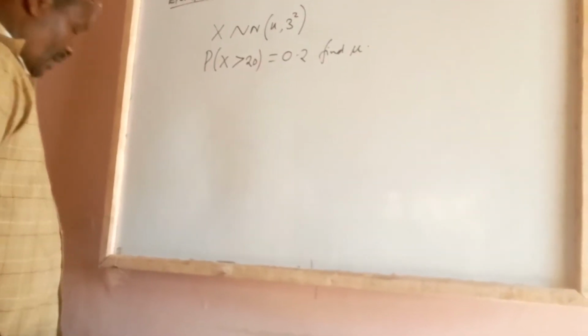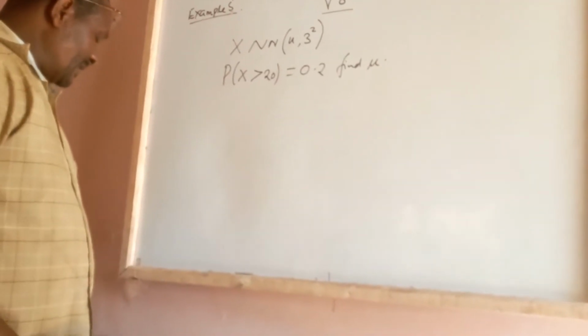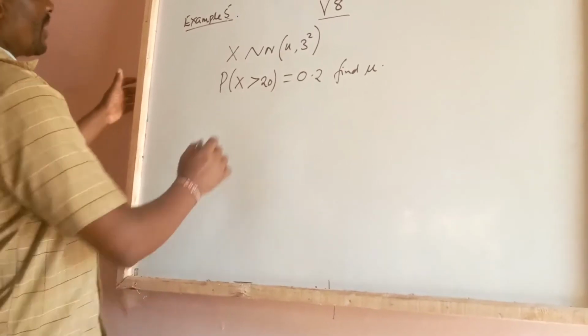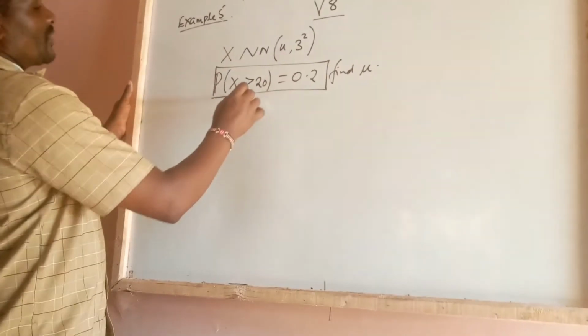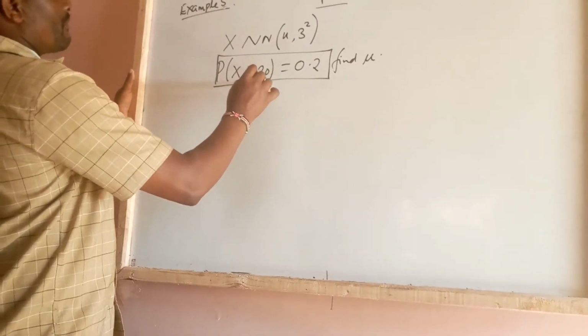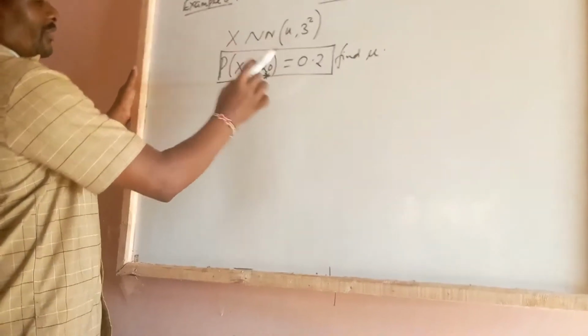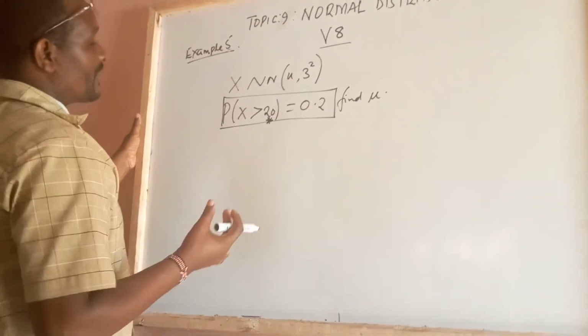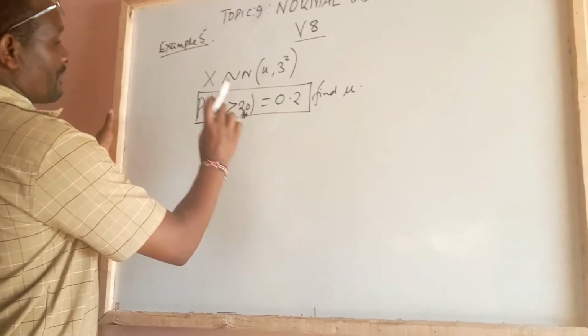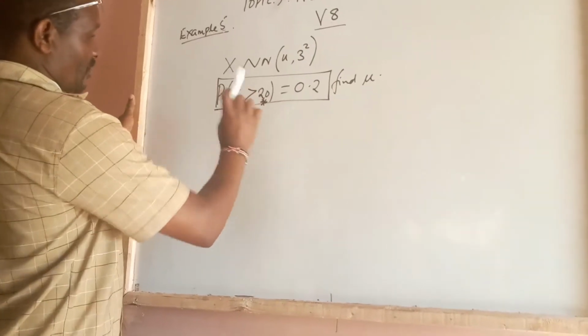When we have this statement, we must know that our unfamiliar boundary, which is not presented in the table on page 201 or even page 202, is 20.